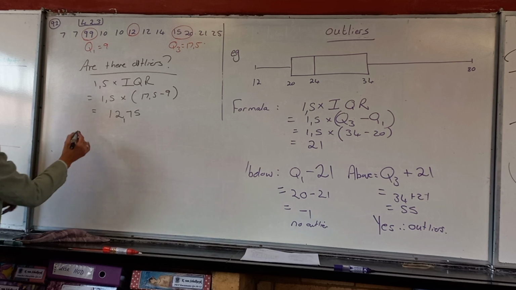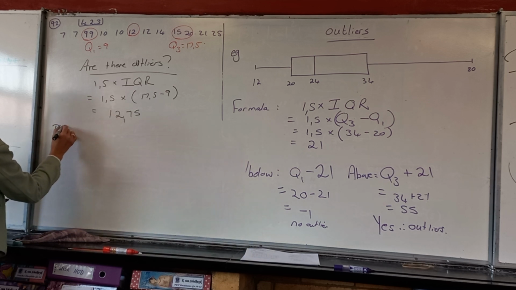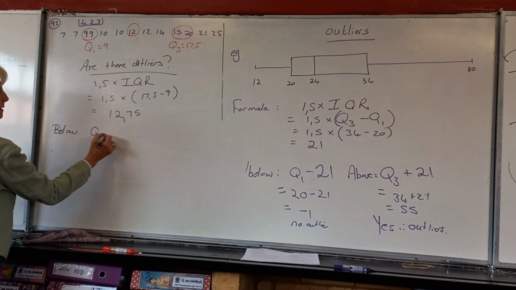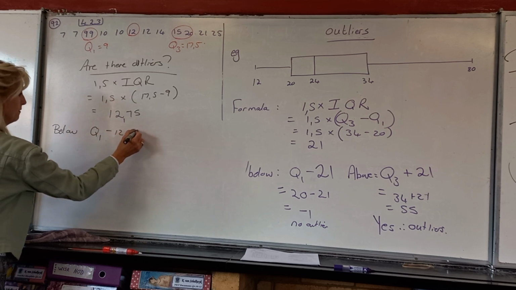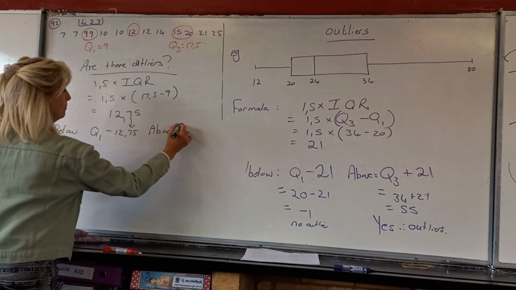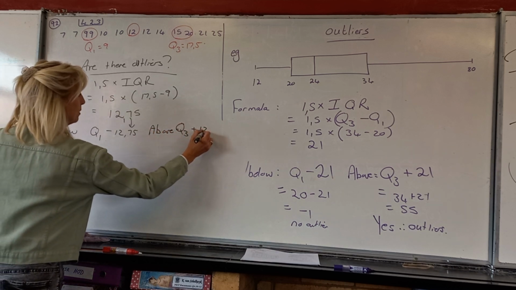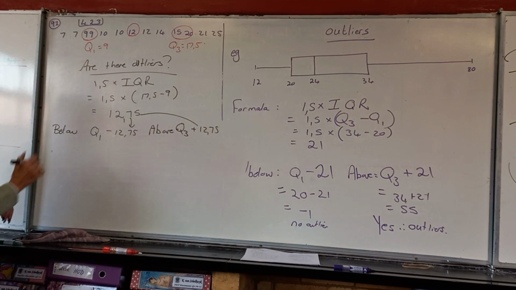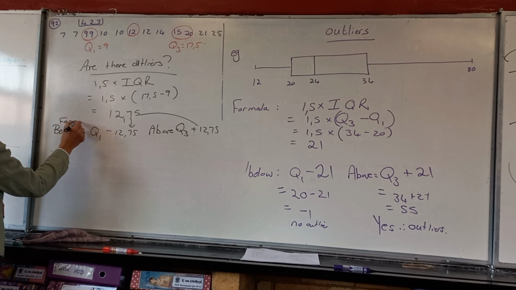So what must I do with that 12,75? Then I must say, if it's below the Q1 minus that 12,75, or if it's above Q3 plus that 12,75, it should be an outlier. So you can say here, for outliers, this is what's going to happen.